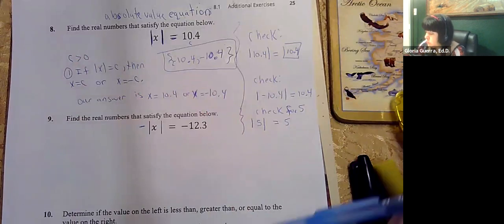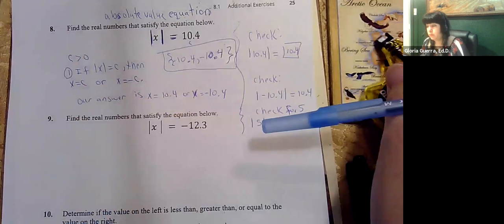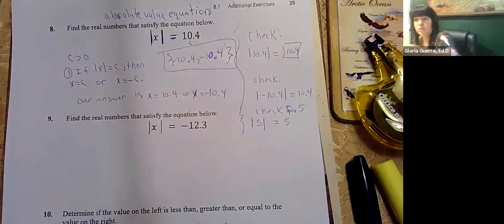So it turns out that for this problem, it's not logical. When you take the absolute value of a real number, you're supposed to get back something positive. It's a distance. So it couldn't be negative. There's something wrong with that. It's illogical.